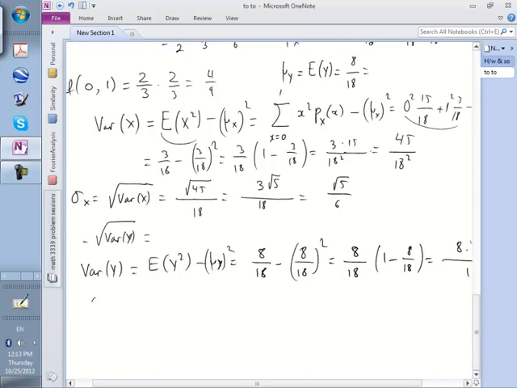So the standard deviation of y then will be the square root of 80 divided by 18. Any questions?